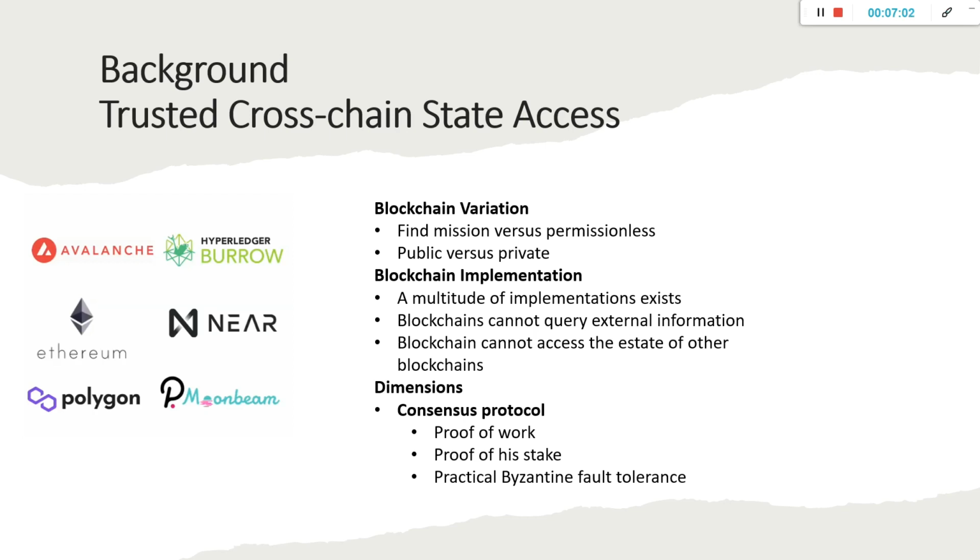And there are also differences in the consensus protocol, including proof of work, proof of stake, and practical Byzantine fault tolerance. For the common execution environment, this paper has used the Ethereum Virtual Machine, EVM, and the smart contract is deployed in that Ethereum Virtual Machine execution environment.